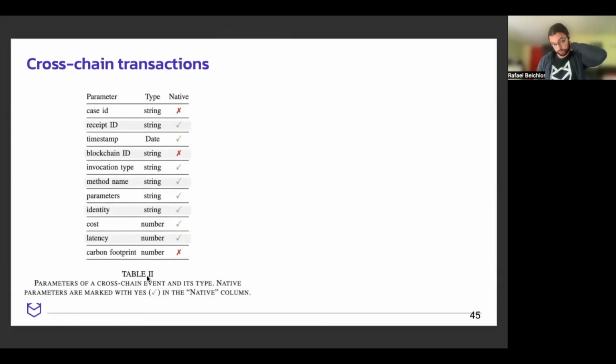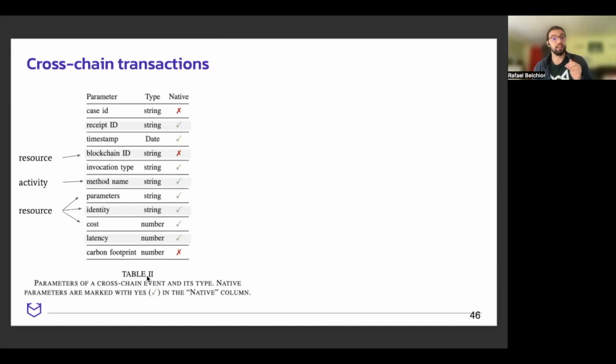If you pay close attention to this table, you could probably identify what attribute represents an activity in our mapping, which is the method name. The method name is the function that represents the activity or the action that is going to be done in the transaction.